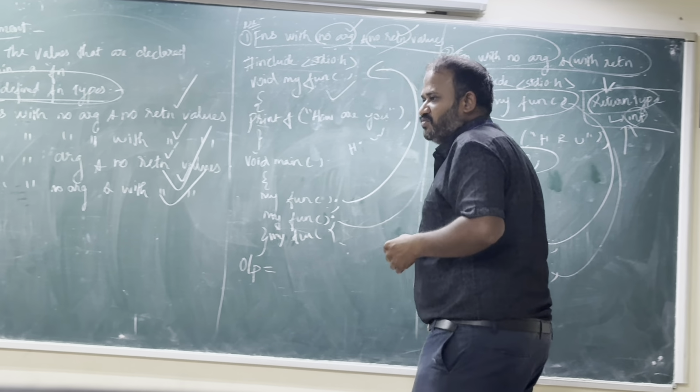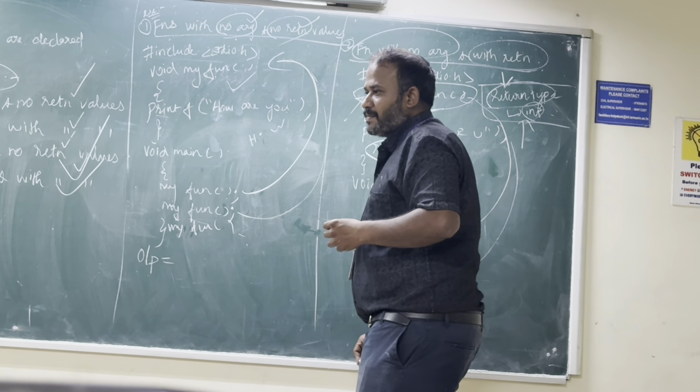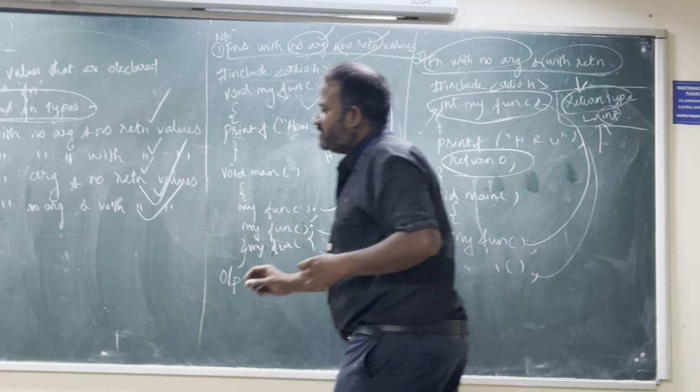No argument means I should not include this void function with int a, char b. With return values, instead of void, I have to use integer. Then return 0. This should be included within the main function, not in this void function. Any doubts in it?